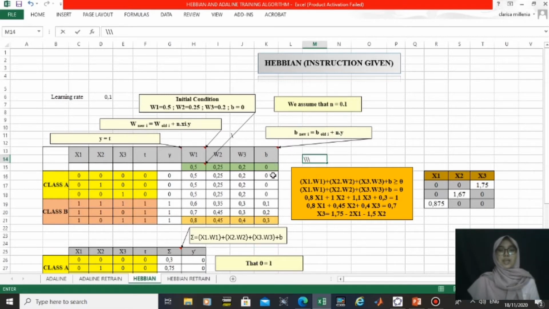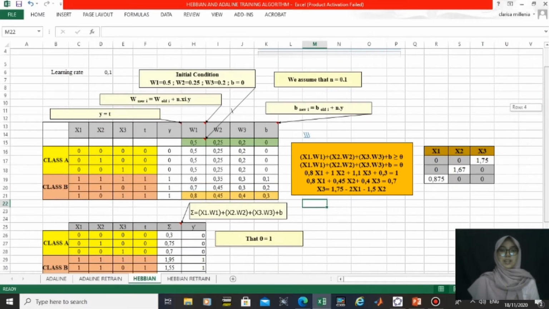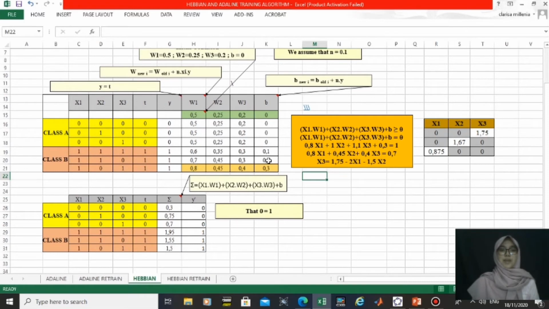And then we can get the new bias: 0, 0, 0, 0.1, 0.2, and 0.3. So we get this new weight and bias: weight 1 is 0.8, weight 2 is 0.45, and weight 3 is 0.4, and bias 0.3.